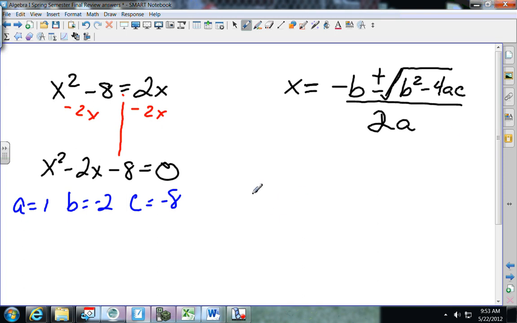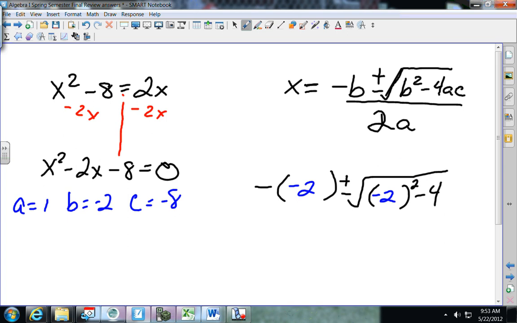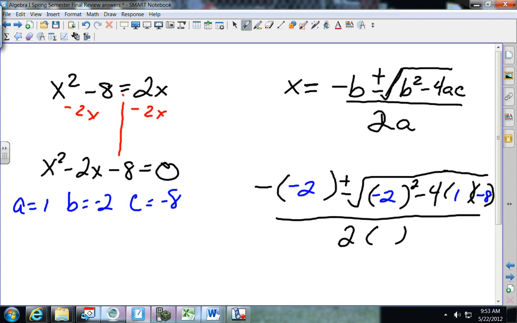So now, from here, negative b, the opposite of b. B is negative 2 plus or minus the square root of b squared, negative 2 squared minus 4 times a times c. A is 1 and c is negative 8, all over 2 times a, which is 2 times 1.